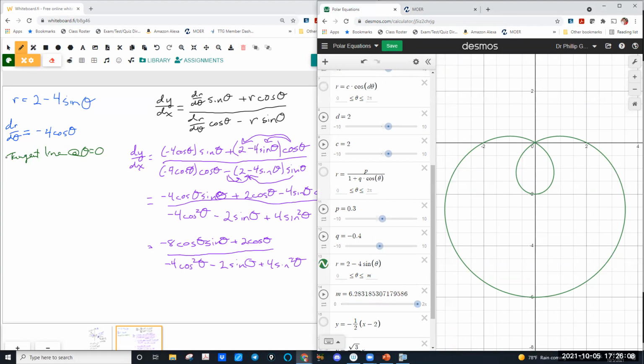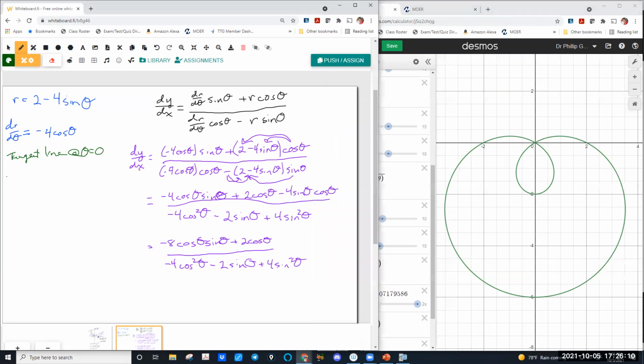Slope is going to come from our derivative. So basically our m is going to come from plugging in 0 for our thetas. So -8 cosine 0 sine 0 plus 2 cosine of 0.